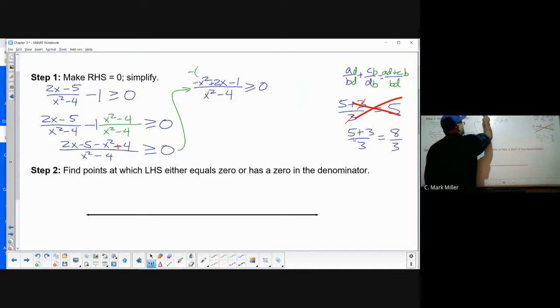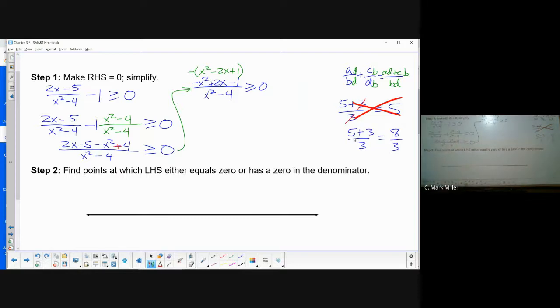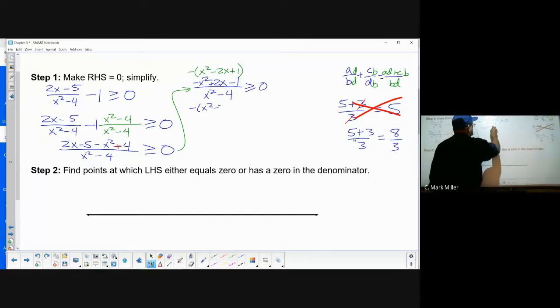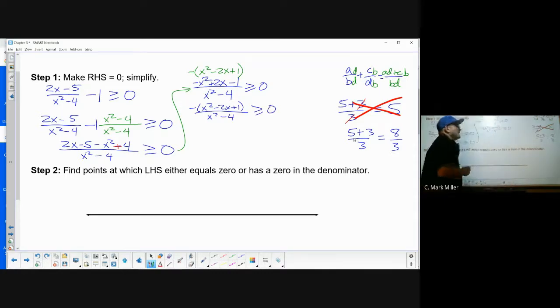Factor off a negative and make that x squared minus 2x plus 1. So that's going to give us negative x squared minus 2x plus 1 divided by x squared minus 4 greater than or equal to 0. Oh, keep in mind that if you're doing your algebra right, all of these have the same solution.